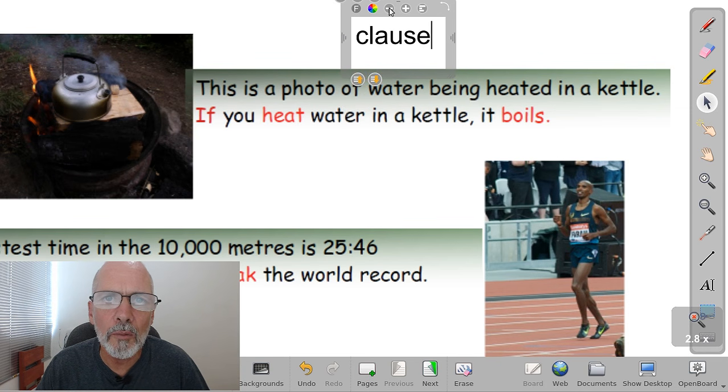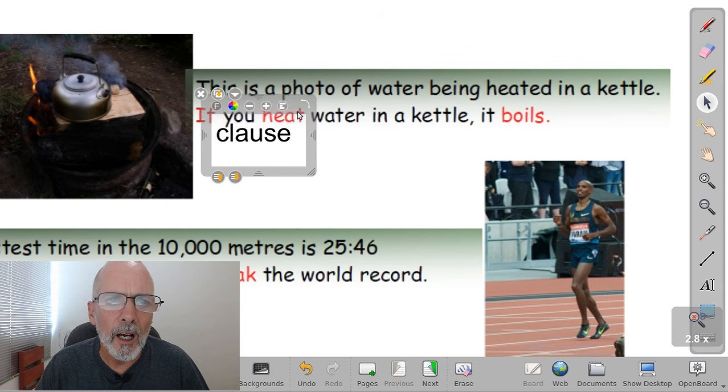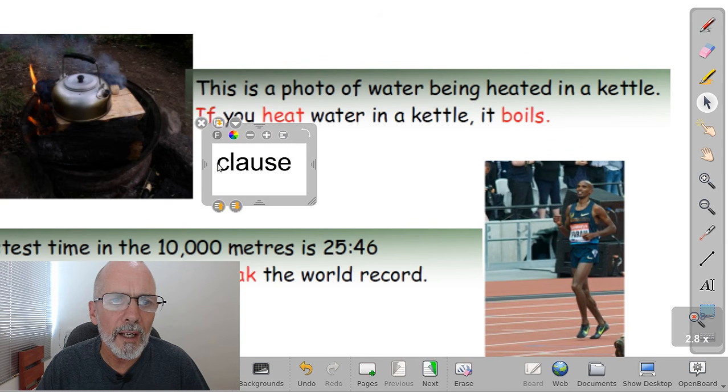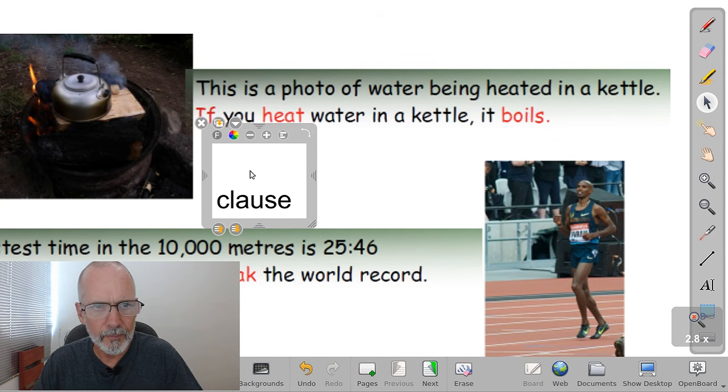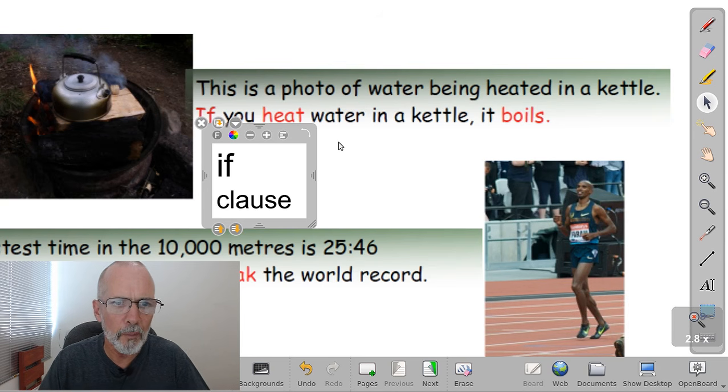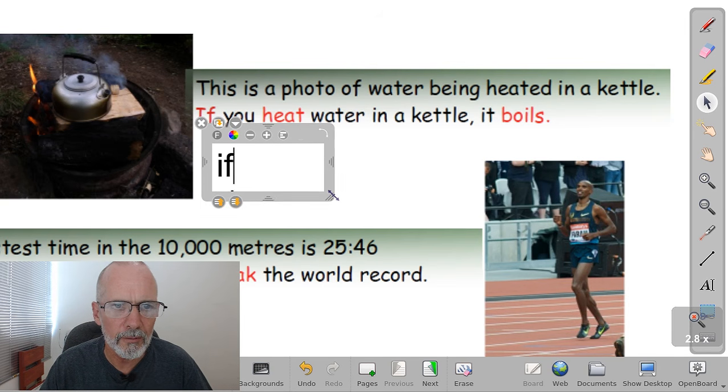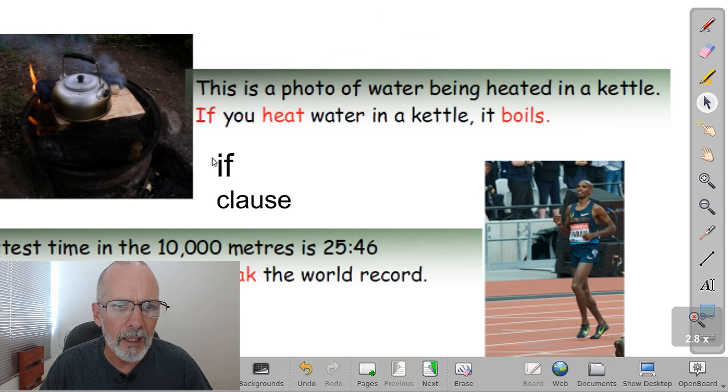We have a clause with if, which presents the situation. We have an if clause. In this example, the if clause is here. If you heat water, this is the if clause.